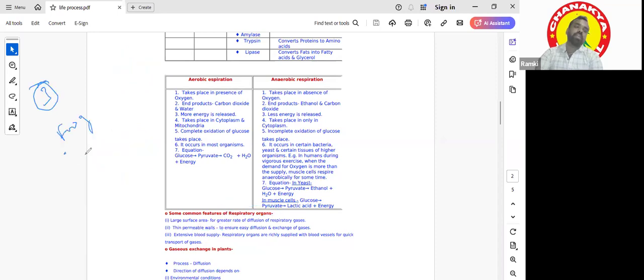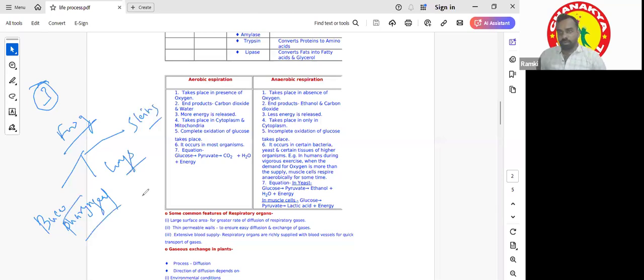The frog breathes through three processes: one is through the buccopharyngeal cavity, then lungs, and skin. There are three modes of respiration. Note it down here. Noted, Amma.